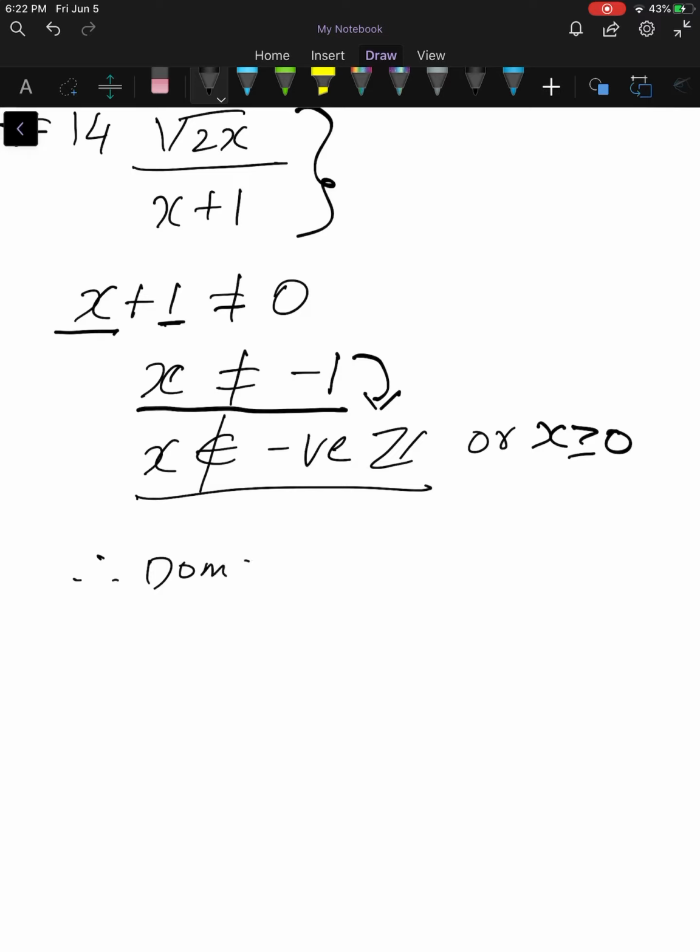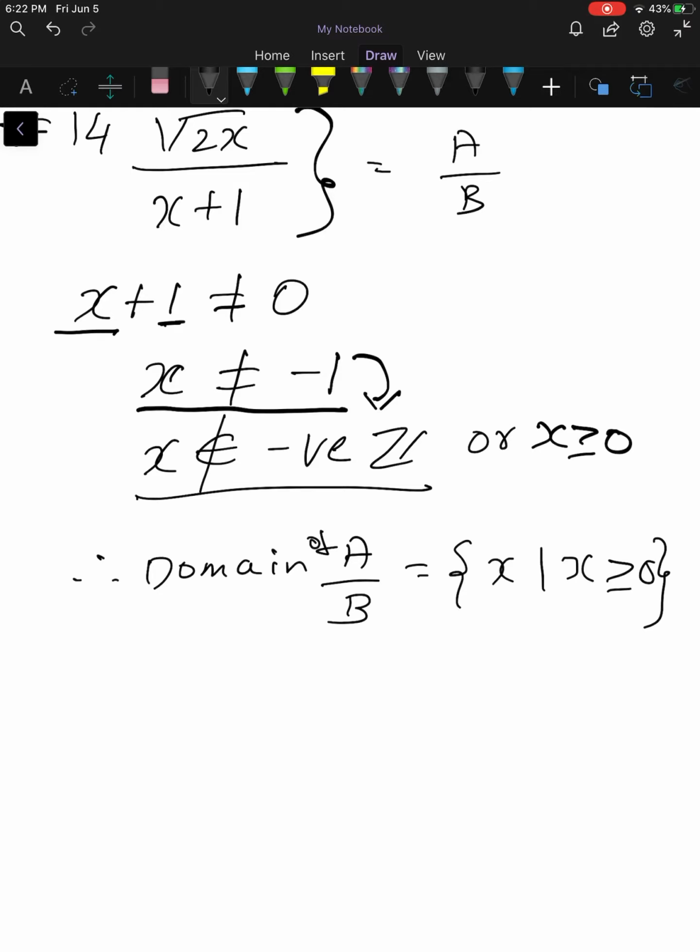That is why I said this is a little interesting. The domain of a over b is all those x such that x is greater than or equal to 0.